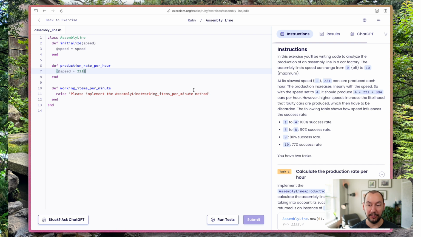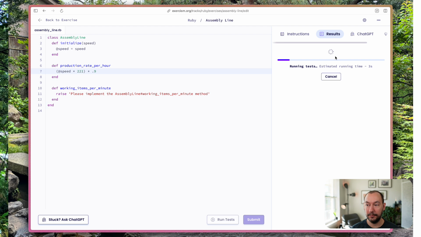So I suspect, if we test a theory here, let's see, the 90% success rate, if we can pass tests 5 through 8 by essentially running this against a 90%.